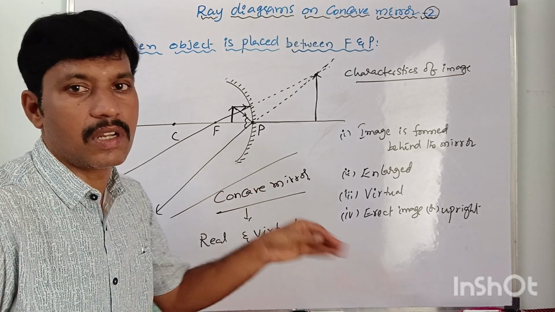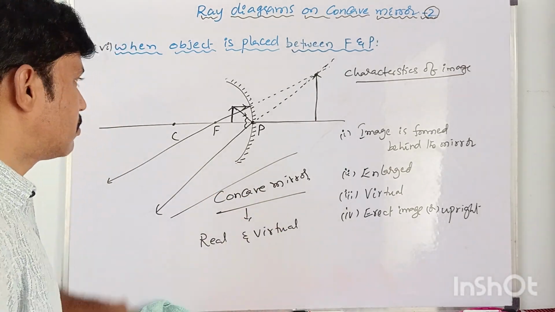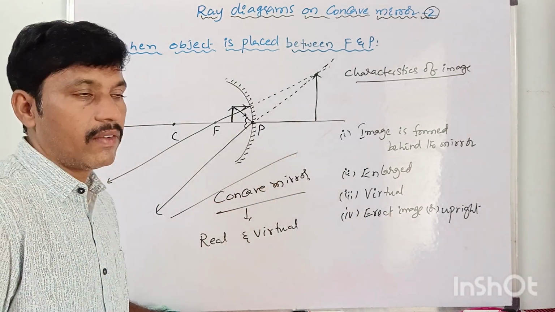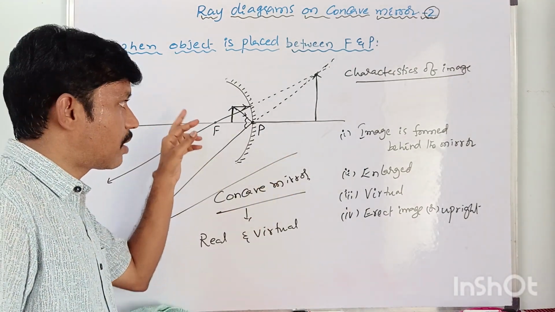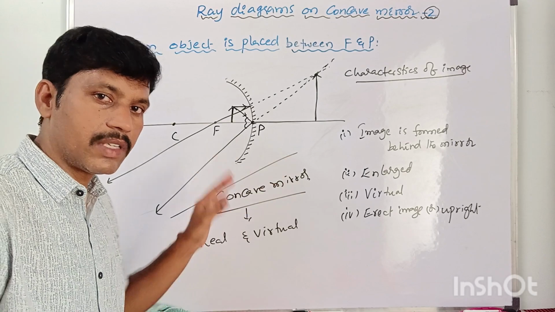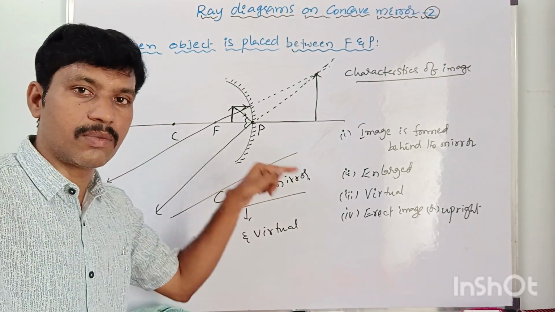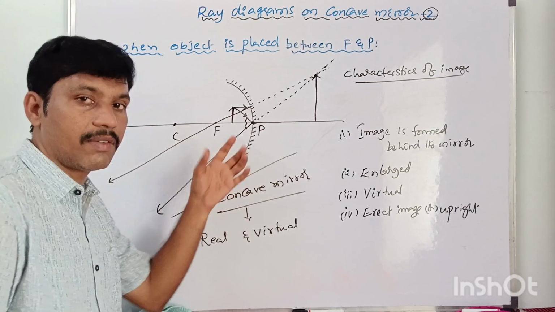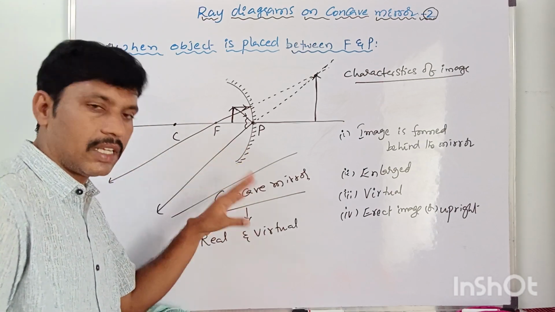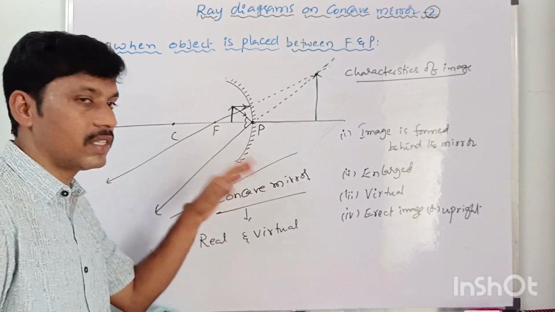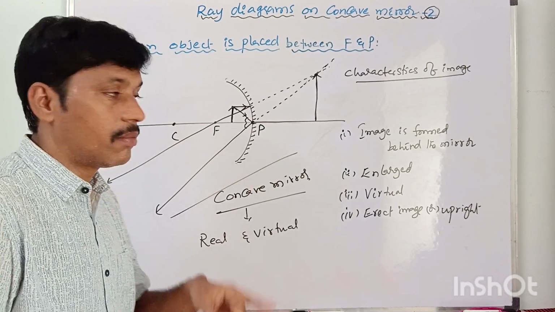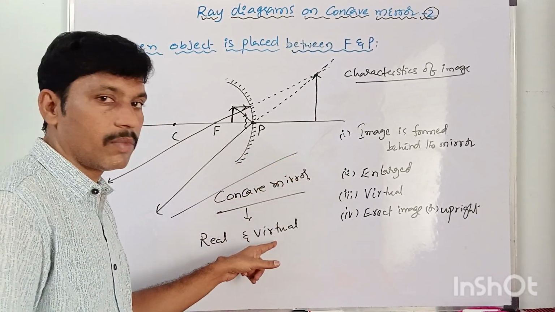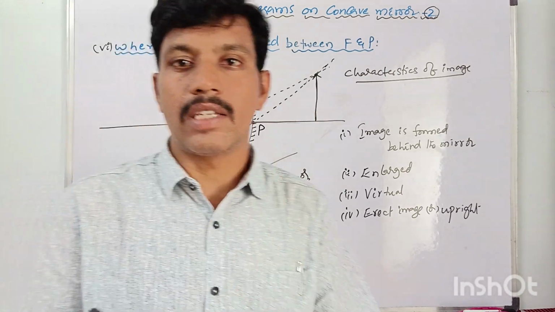At infinity, the image is formed at f, real. Beyond c, the image is formed between f and c, real. At c, the image is formed at c, real. Between c and f, the image is formed beyond c, real. At f, the image is formed at infinity, real. But when the object is between f and p, we get a virtual image. So a concave mirror forms both real and virtual images, depending on the position of the object.